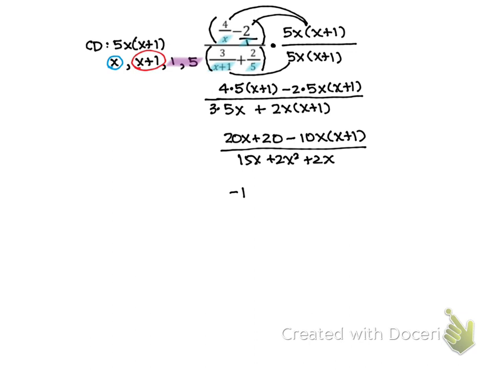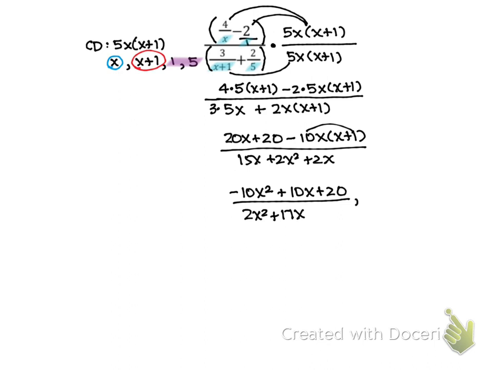This is going to give me a negative 10x squared when I multiply, and then this is going to give me a negative 10x, and there's already a 20x there, so that's going to be a 10x, and then a plus 20, all over, I'm just going to reorganize the bottom, 2x squared plus 2x plus 15. Whoa, nope, let's back that up. That's actually going to give us a 2x squared plus 17x.